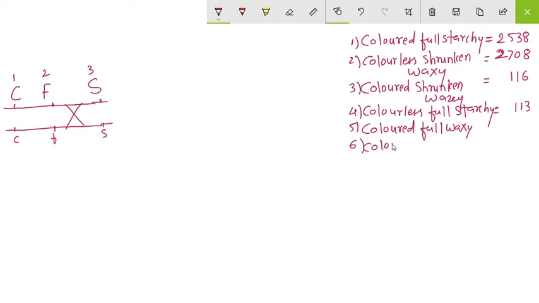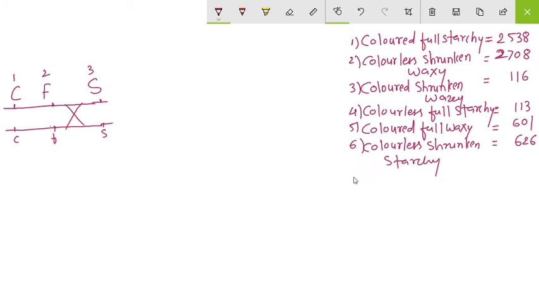So this progeny, the colored, full, waxy, is 601. And the second one is 626. Okay.